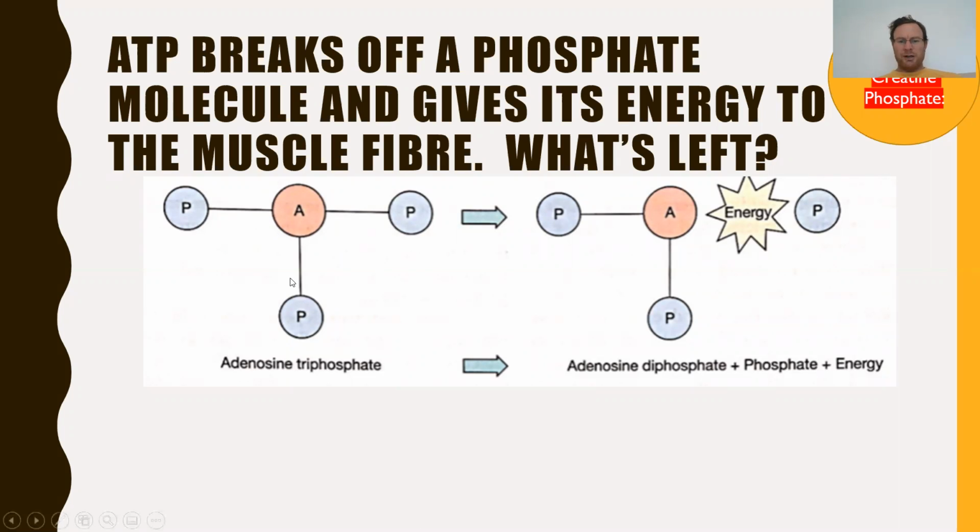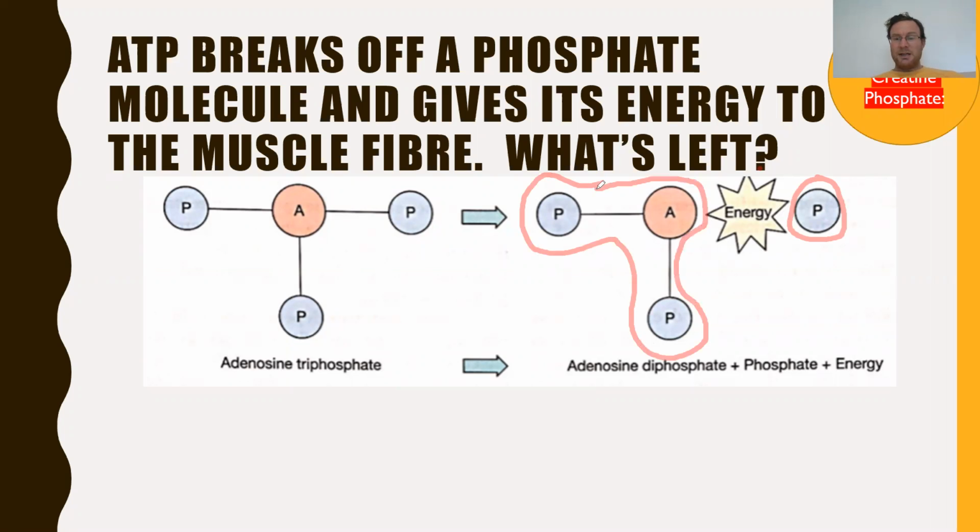I just want you to pause for a minute and have a think about what's left. Here you've got the phosphate molecule breaking away, and the energy has been released and transferred onto the muscle fibers. So we're actually just left with this thing.